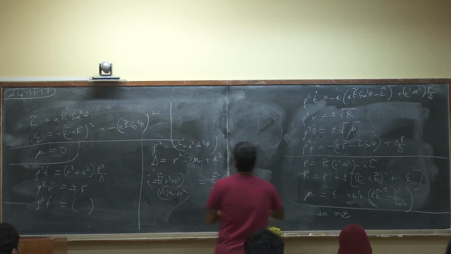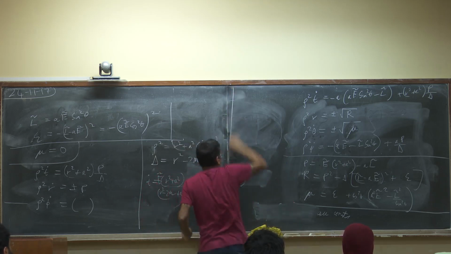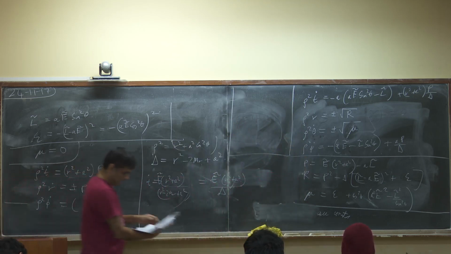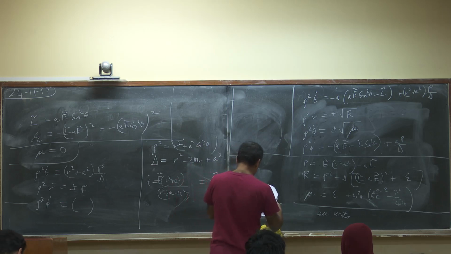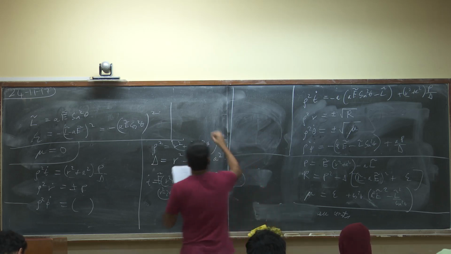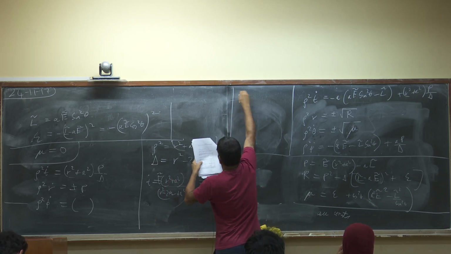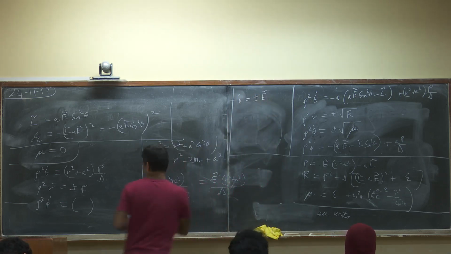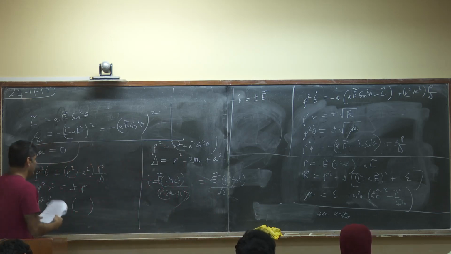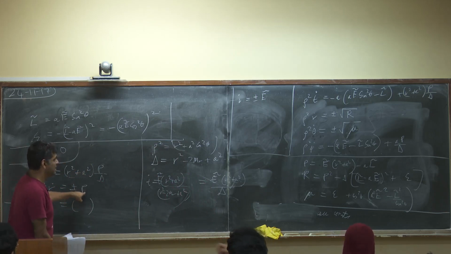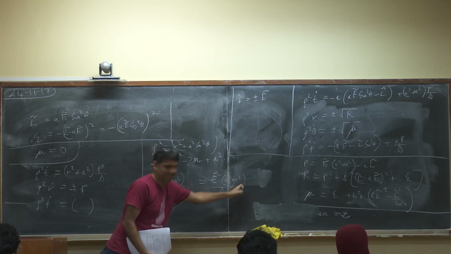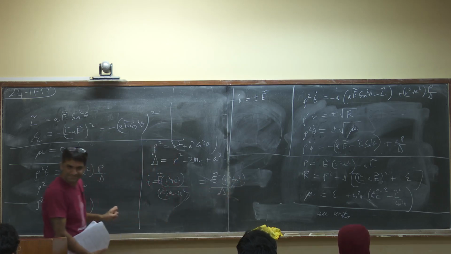Similarly, if you simplify the other guys, you get R dot is just plus minus E tilde. This should be easy to see, because this was just this stuff, E tilde R squared plus A squared, and then R squared plus A squared was rho squared.